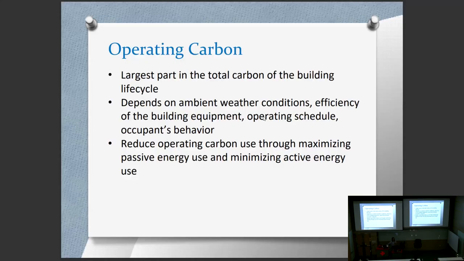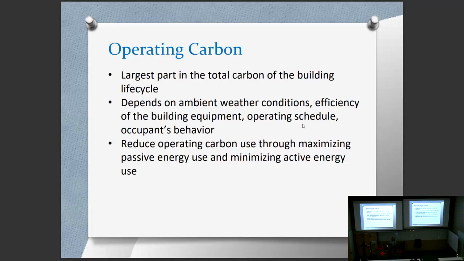And the operating carbon will depend on the ambient weather conditions, whether it is a tropical region or temperate region, the efficiency of the building equipment, how efficient is the lighting, how efficient are the water pumps. And the operating schedule: the longer the operation hours, the larger the operating carbon.